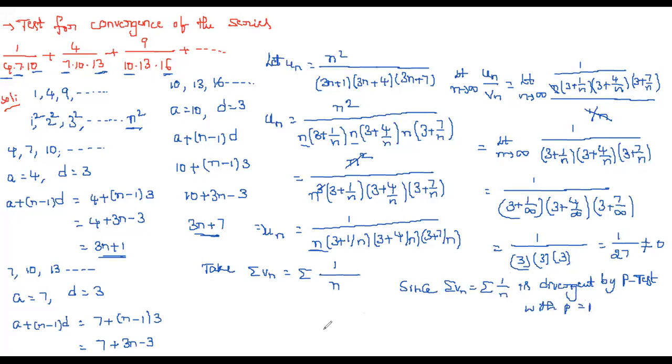Okay, so therefore, by comparison test, if summation Vn is convergent, obviously summation Un is also convergent. Here summation Vn is divergent, so by comparison test, summation Un is also divergent. One is convergent, another one is also convergent. One is divergent, another one is also divergent.